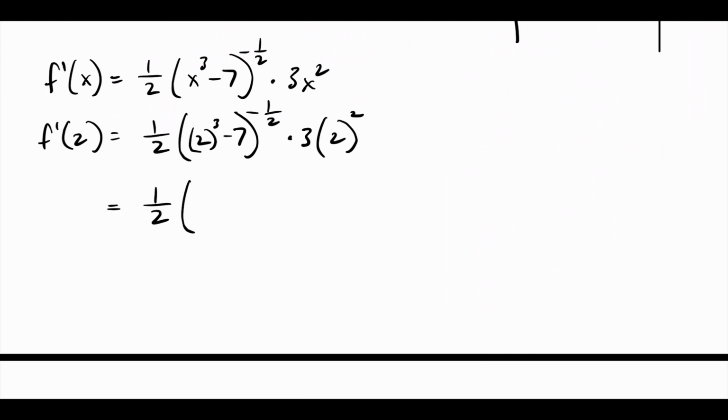Okay, well, 2 cubed is 8. 8 minus 7 is 1. So 1 to the negative 1/2 power. 2 squared is 4 times 3 is 12. What is 1 to the negative 1/2? Yeah, it's just 1. Negative 1/2 means move 1 to the bottom and find the square root.